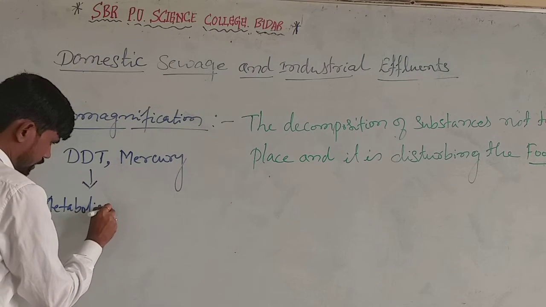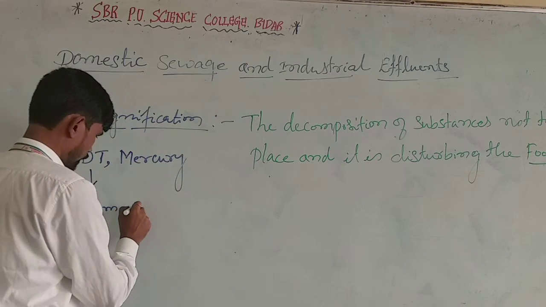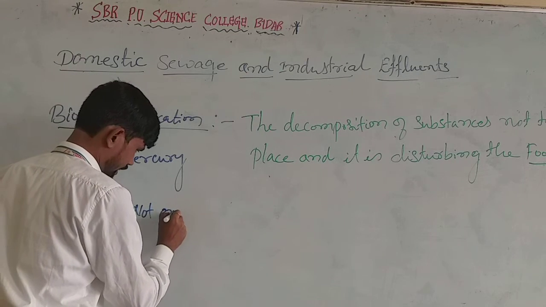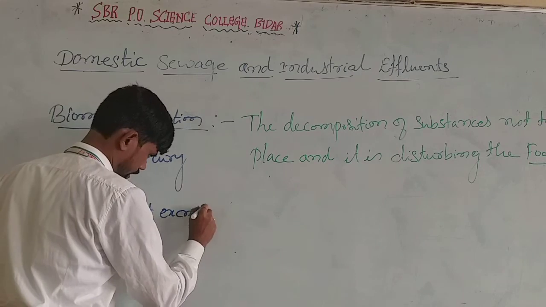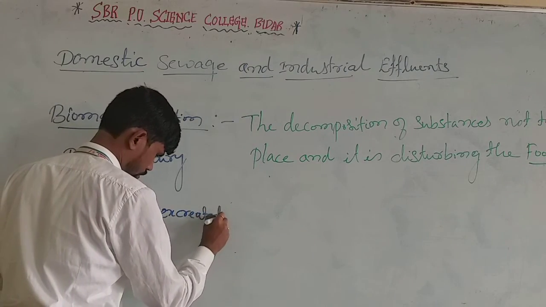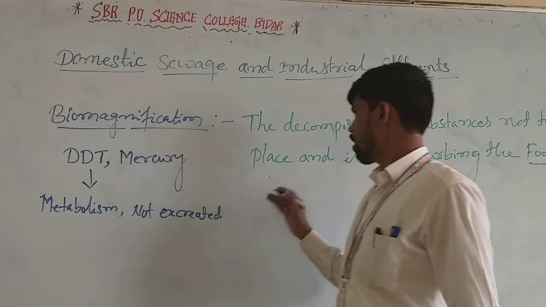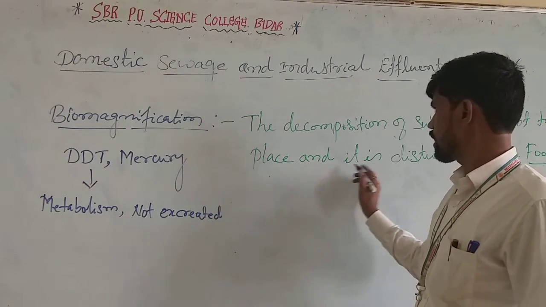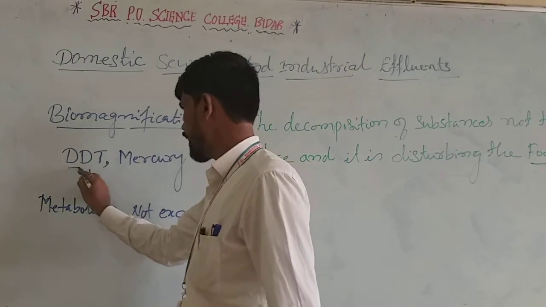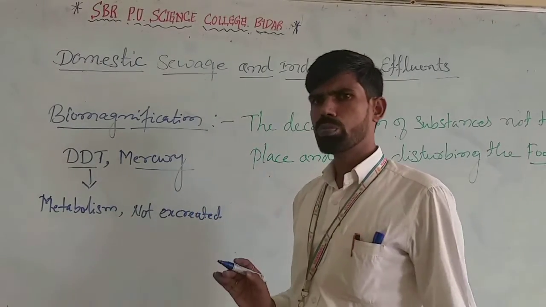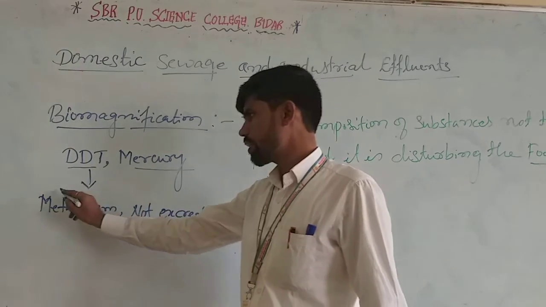Another problem is that they are not excreted. Metabolism will not take place in organisms consuming this mercury or DDT. Metabolized means a different product has to be formed, and that product is not forming.